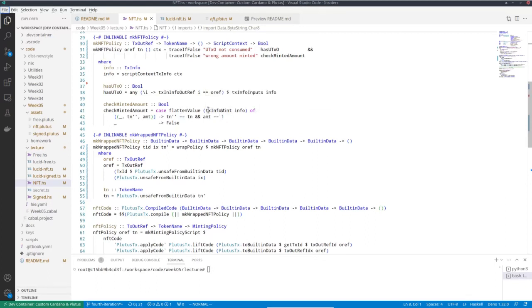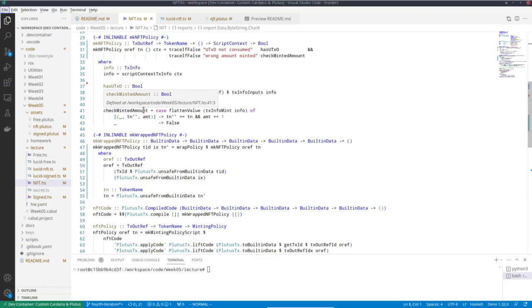So we get the value that's been minted by this transaction, flatten it, and what we want is that there is exactly one triple. There is exactly one minting going on, and we call the triple as currency symbol, token name, and amount. We don't care about the currency symbol because we know the currency symbol will be the one we are checking right now. Otherwise, this minting script wouldn't be executed.